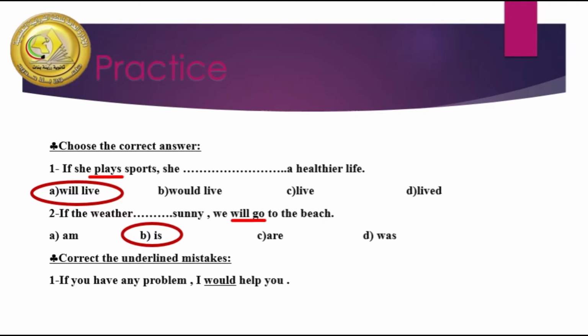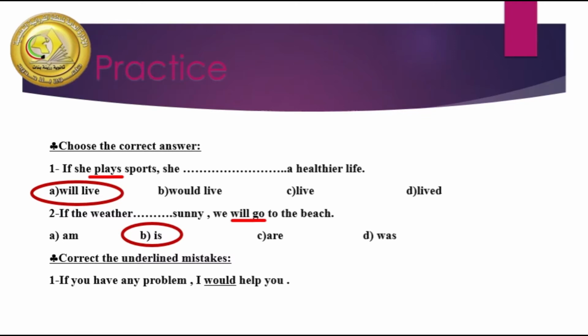Since we are talking about the weather, the right answer is B. That's right. We can't choose am because am is used with I as a pronoun. Is is the right answer. It is used with he, she, or it. Are is used with plural in the present. What about D? Was is only used in the past, but with he, she, or it.